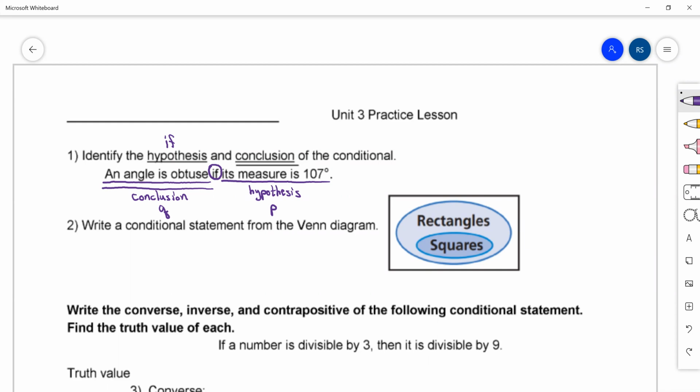Okay, next one. They want us to write the conditional statement from our Venn diagram. So on a Venn diagram, I should say, the small circle is your hypothesis. The big circle is your conclusion.